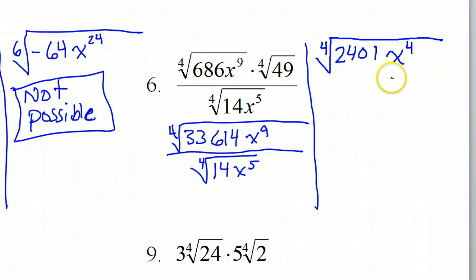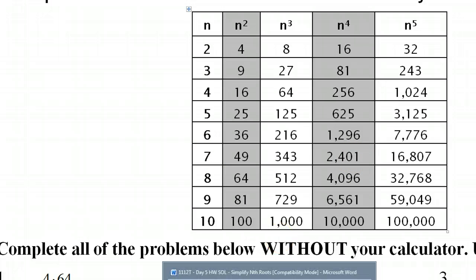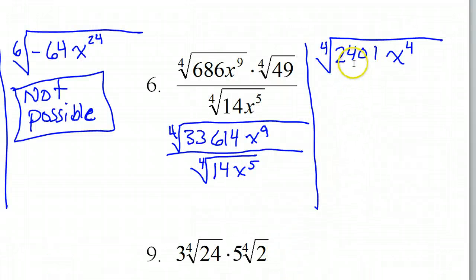All right, so I've got this so far. Now, this x is ready to go because it's divisible by 4. But 2,401, let's see if this is on the fourth power chart. Oh, look, it's right there. The fourth root is 7. Okay?